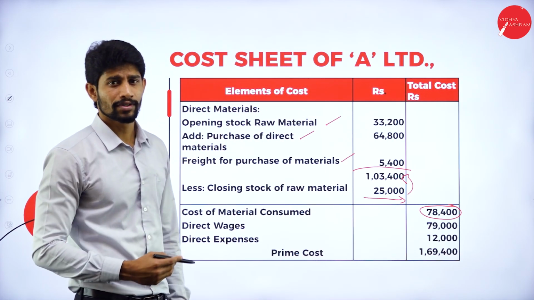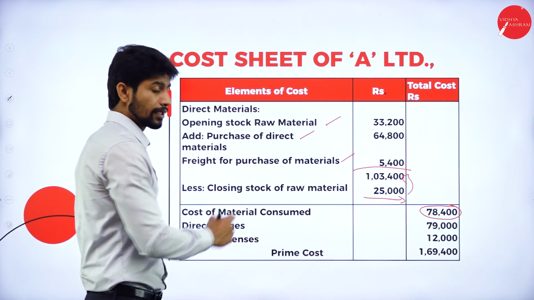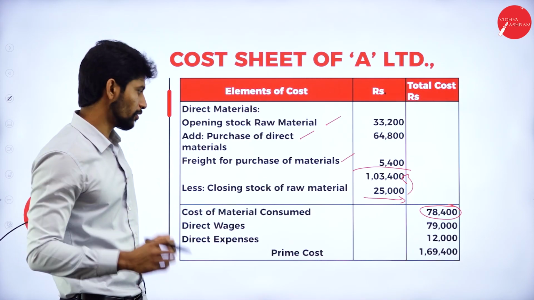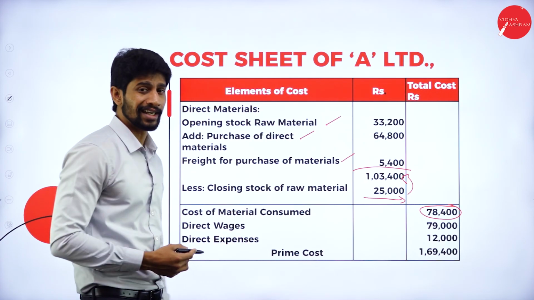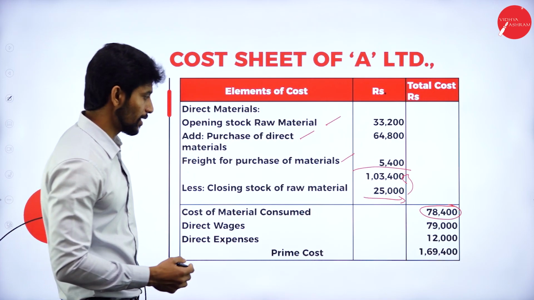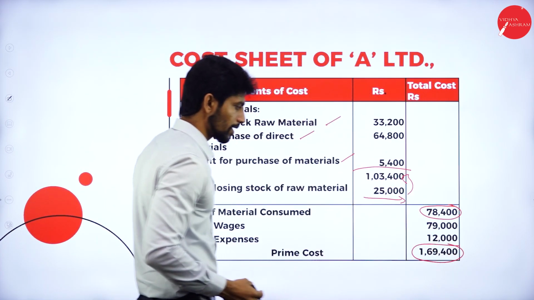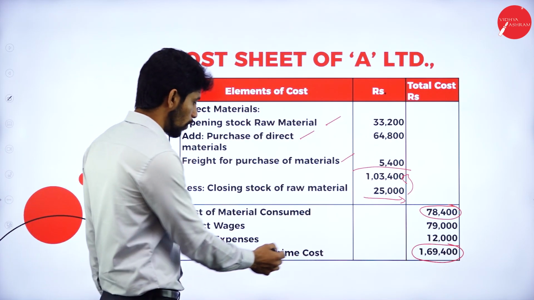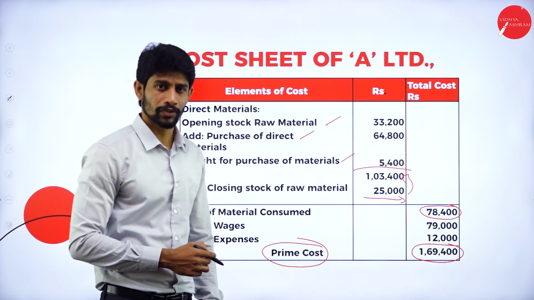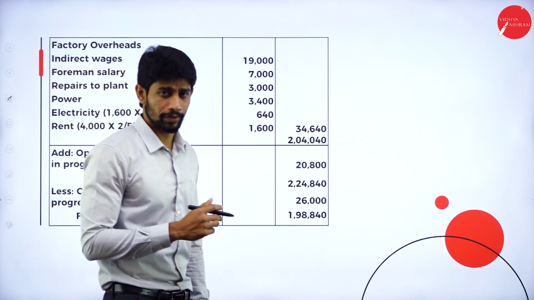That 78,400 is called what? Cost of materials consumed. So for cost of materials consumed, next take direct wages and direct expenses. You will get the total of these three items, that is 1,69,400. That 1,69,400 is called what? Prime cost.